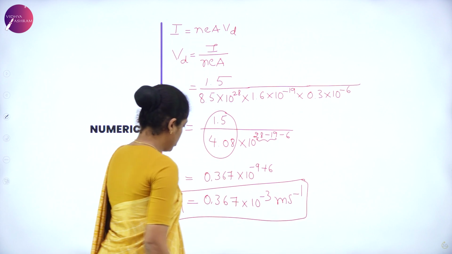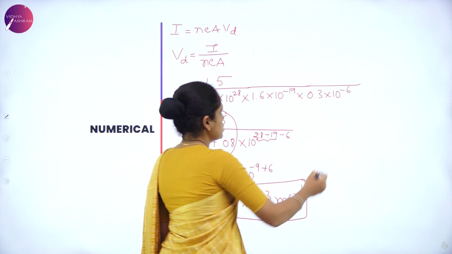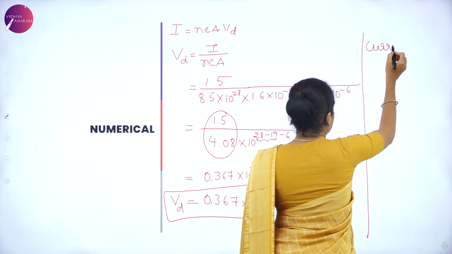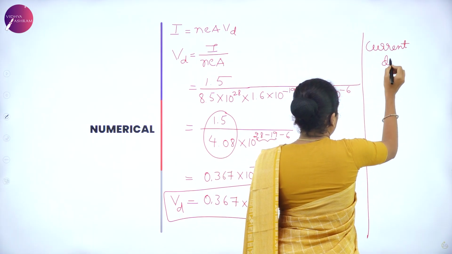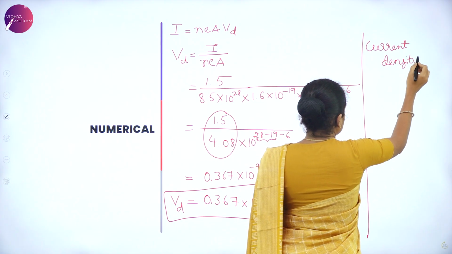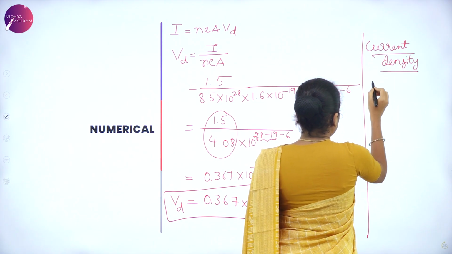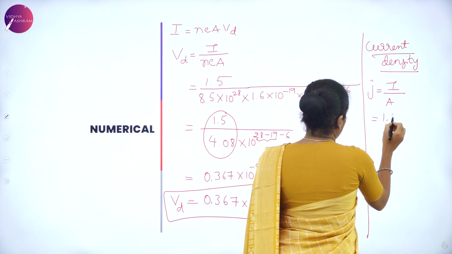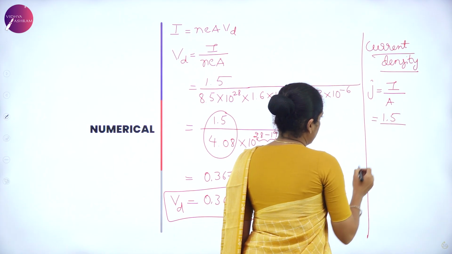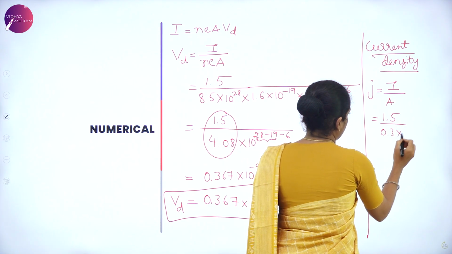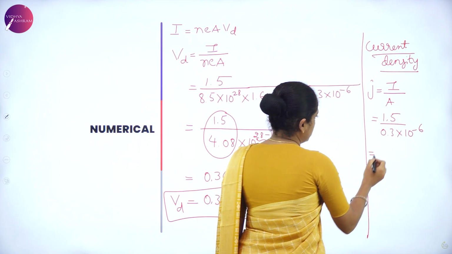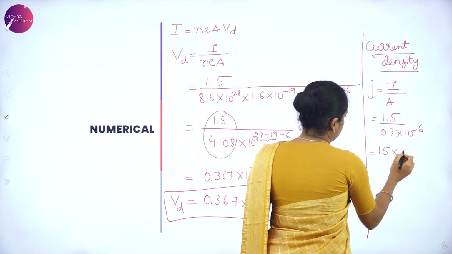We have found the drift velocity, and next is to find the current density. Current density J is equal to I by A, where the I value is 1.5 and the area is 0.3 into 10 power minus 6. You can convert the decimal into 10 power.